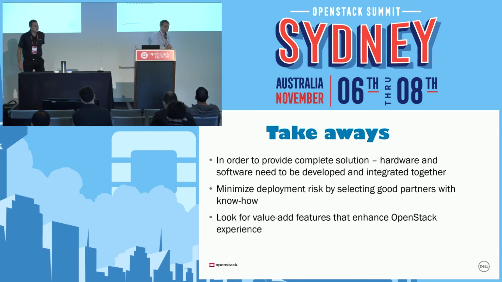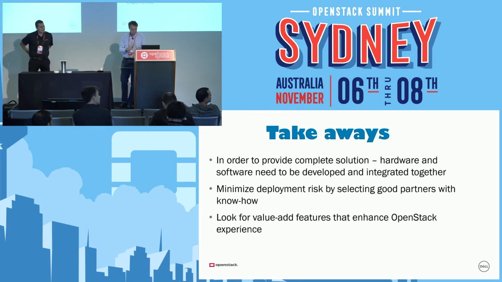Go ahead. I just wanted to say one thing, which was that in the Pike release of TripleO, we actually implemented a derived parameters feature, which I think will satisfy the use case you described, where you need to dynamically generate those lists of CPUs based on the introspection data. Mm-hmm. And so when you rebase to the Pike release and beyond, you may be able to replace some of the Jetpack calculation layer. Perfect.